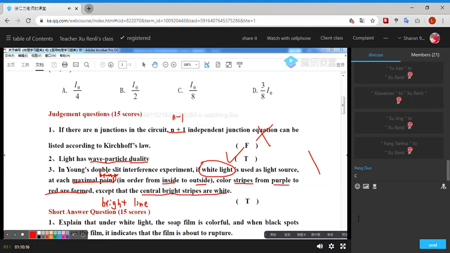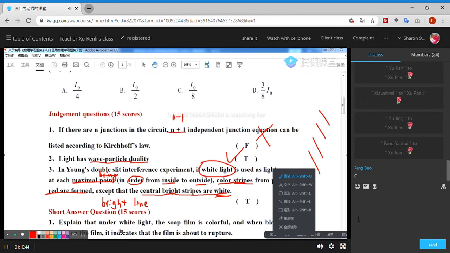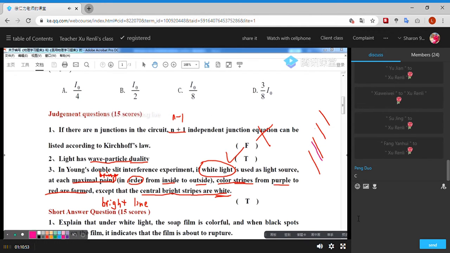The central bright strip is white, and for the larger orders, like the first, second, third order, it's not white. It's colorful. The color strip is from purple to red. Purple is inside, here purple is inside, and here purple is inside.